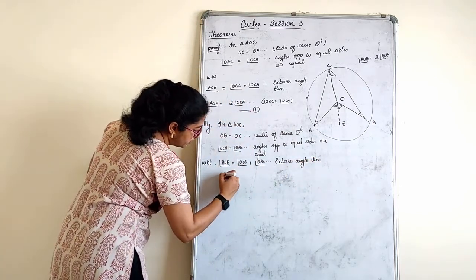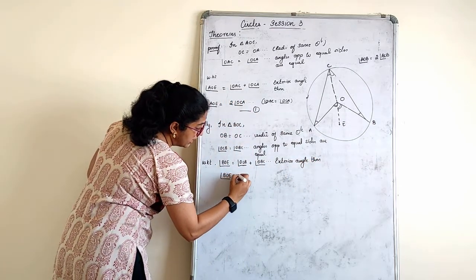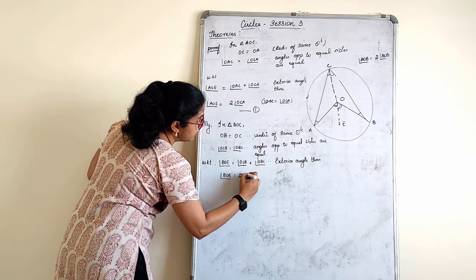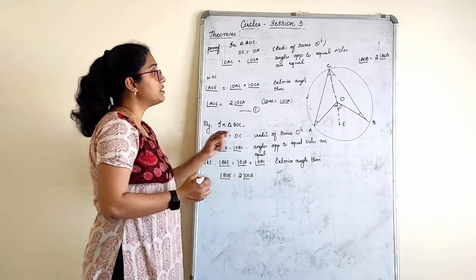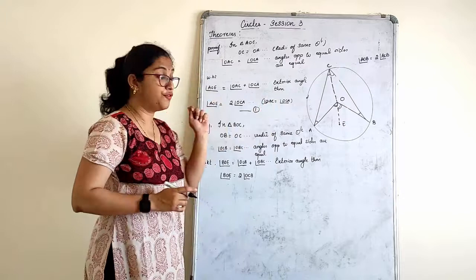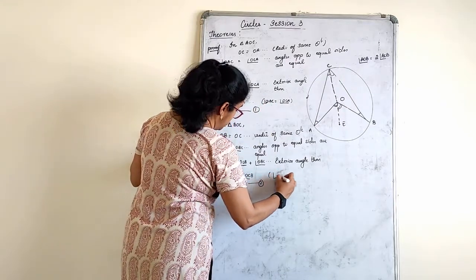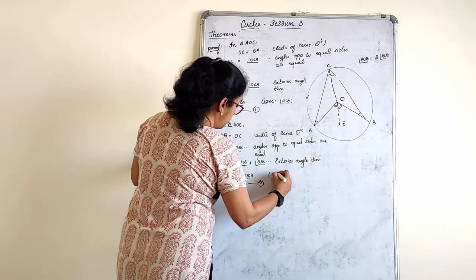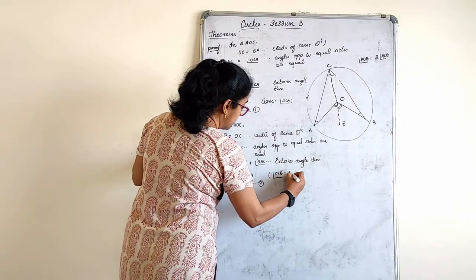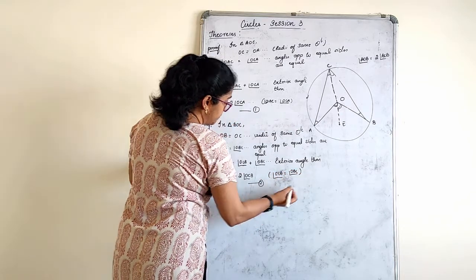But I will write angle BOE as twice angle OCB. I will choose the upper part because it is a part of an inscribed angle. Equation 2, because angle OCB is equal to angle OBC.